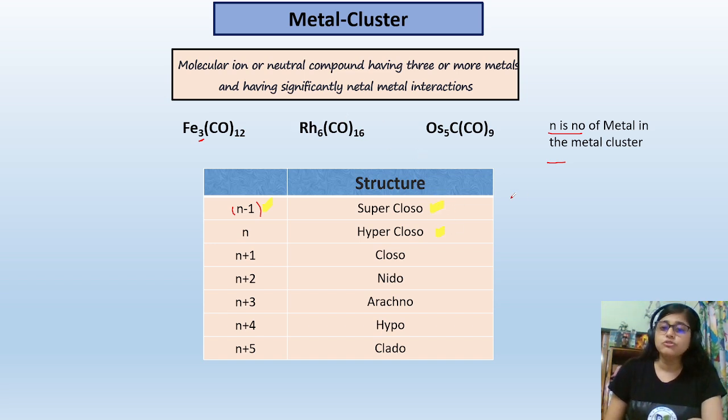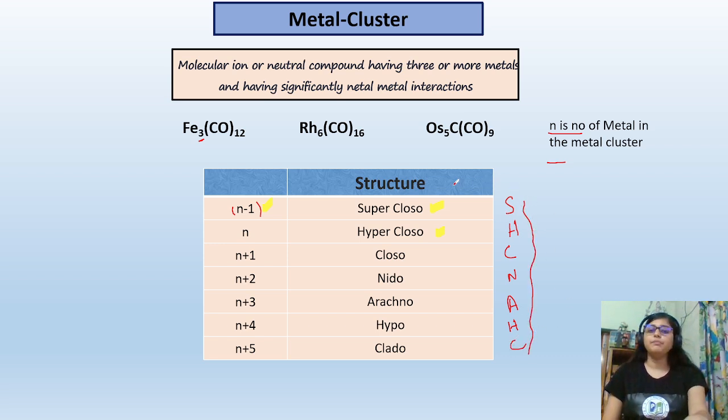Okay. So we have to calculate something and then we can define the structure of that particular metal cluster. To remember this table, there was a trick, right? Thiol, SH, cyanide, and then aromatic heterocyclic compound, right? That simple trick will help you to remember this table.